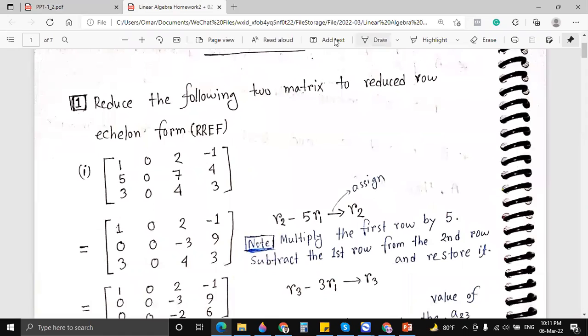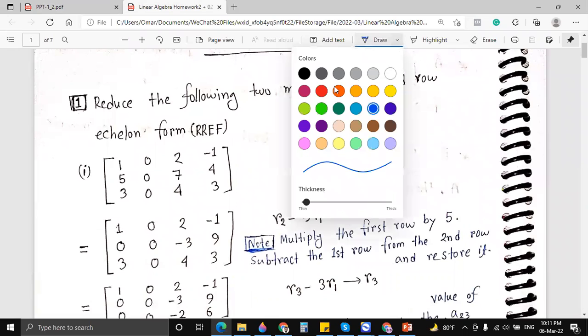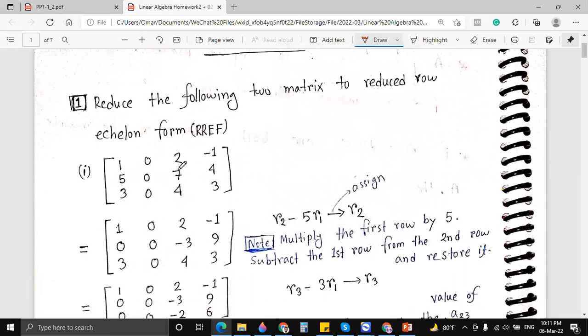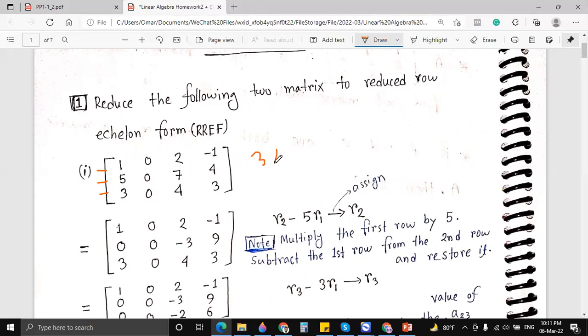So we have a matrix here. Firstly we take the rows, okay? We have 1, 2, and 3. And we have columns 1, 2, 3, 4. So this is a 3 by 4 matrix.